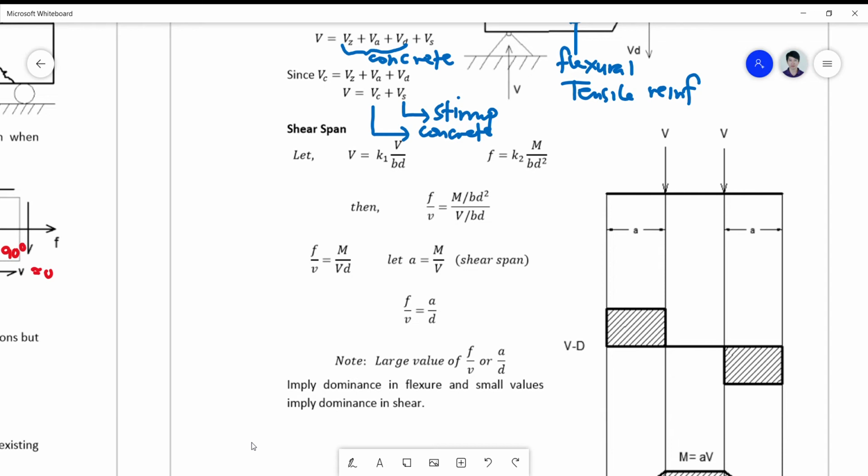A beam may be dominant, or critical, in flexure or critical in shear, depending upon the shear span variable that we are going to study in this presentation. And this is given by the variable a. So a is what you call the shear span.